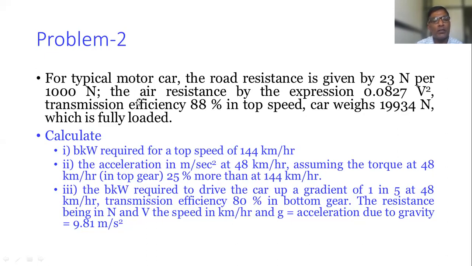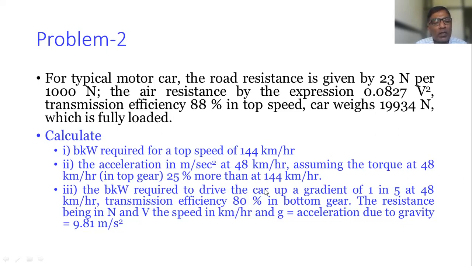So for this data, we need to find out BKW, brake kilowatt required for top speed of 144 kilometers per hour. Then acceleration in meter per second square at 48 kilometers per hour, assuming the torque at 48 kilometers per hour in top gear is 25% more than at 144 kilometers per hour. So that already we have seen.